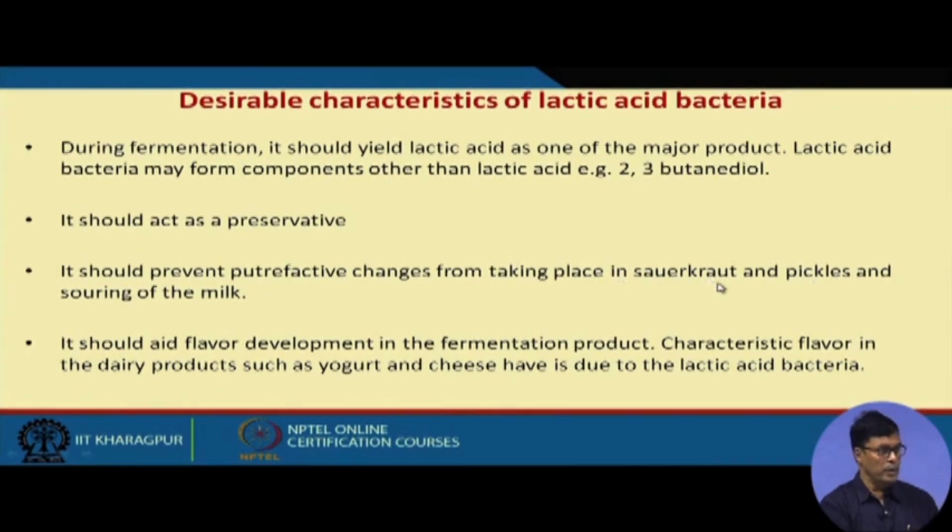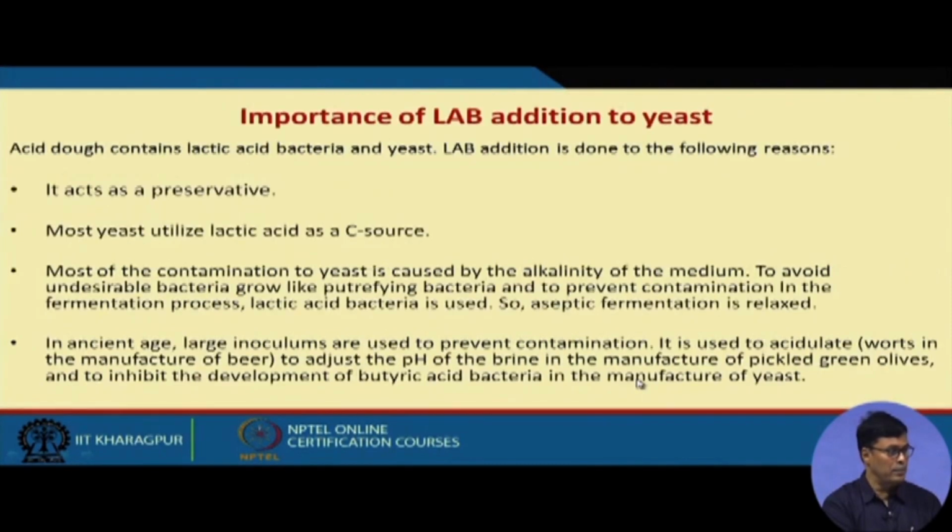I told you sauerkraut is largely available, so it prevents putrefaction. Putrefaction means degradation of the proteins, and it also applies to pickles and souring of milk. It should aid flavor development in the fermentation product. The characteristic flavor of dairy products such as yogurt and cheese is due to the lactic acid bacteria.